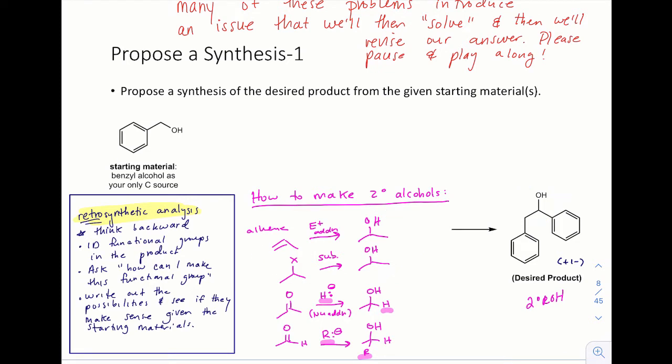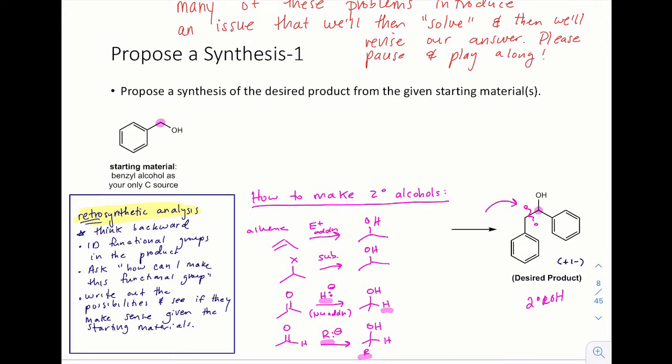Let's take a look at the product and think about what bonds may be made or broken. It does seem like this carbon is probably this carbon in the starting material. And if that's the case, then this carbon-carbon bond has been made. Now, this problem is a bit tricky because it says all of the carbons must come from benzyl alcohol.